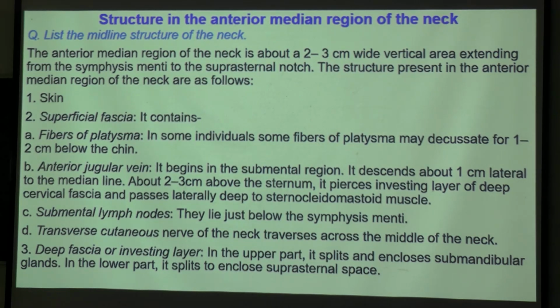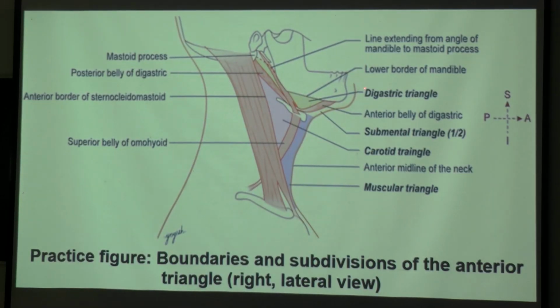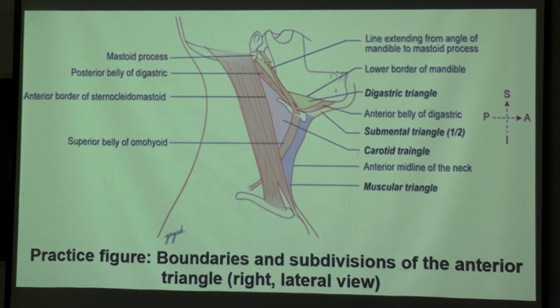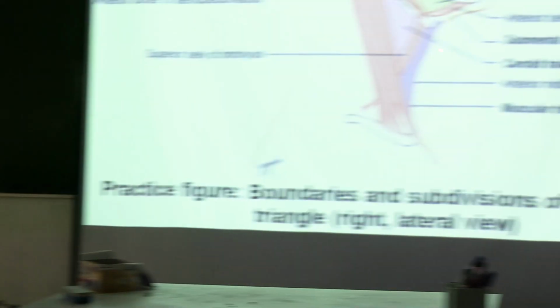So see the boundaries of these triangles. Submental triangle: its apex is directed above near the symphysis menti, and the base is formed by the body of the hyoid bone, and on the two sides it is bounded by the anterior belly of the digastric muscle. Next we go to the digastric triangle.